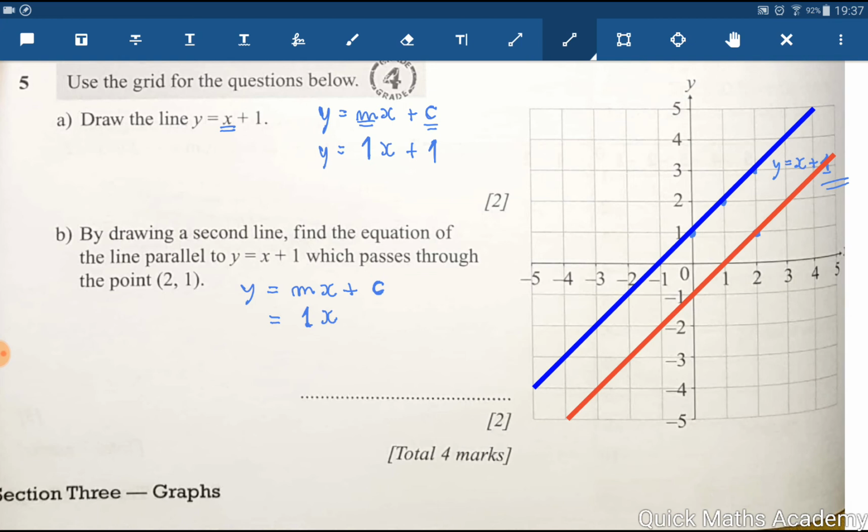So where this line crosses the y-axis, in here, it's at -1. So the equation of my new line must be 1x minus 1, which is the same as x minus 1. So yeah, I think we are done for this page.